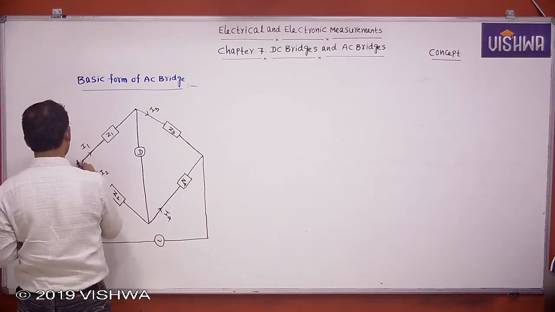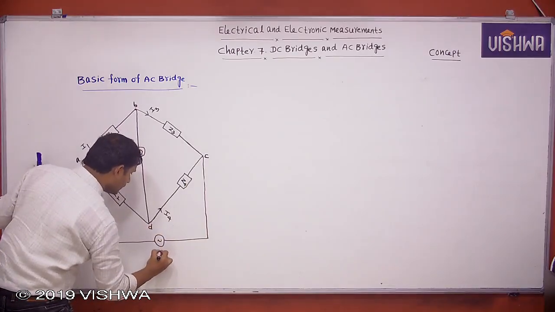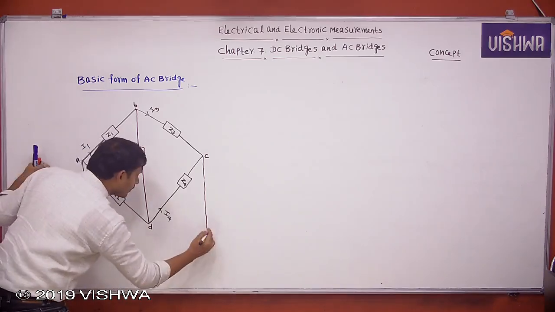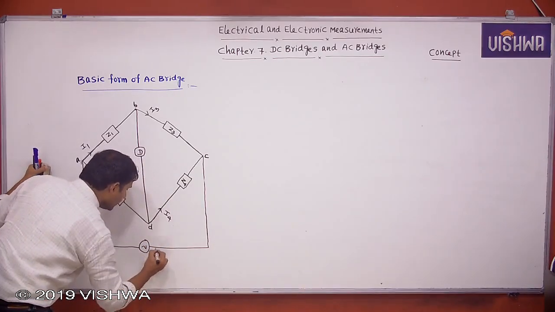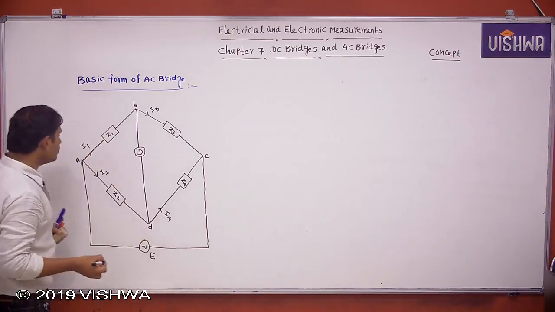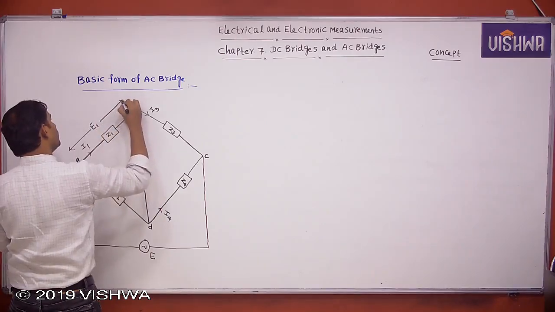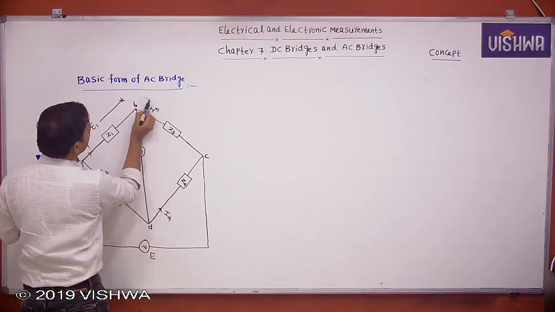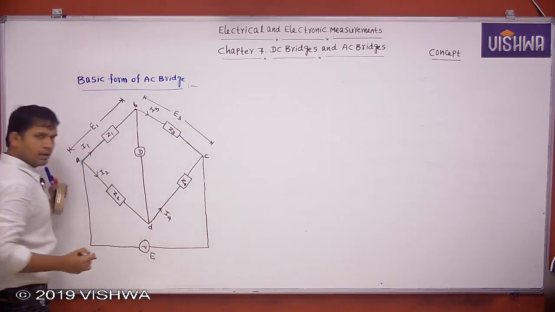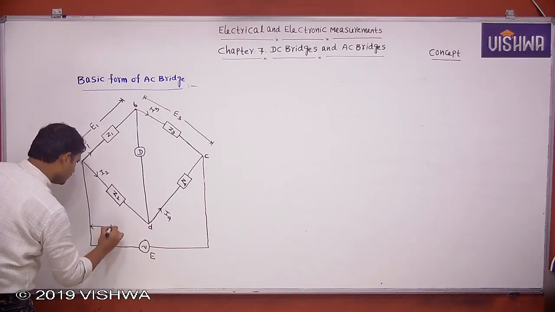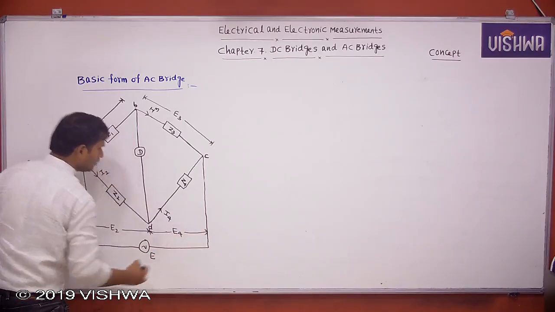Now these nodes are A, B, C, D. The source voltage is E. Let this voltage be E1, this voltage E3, and this voltage E2, and this voltage E4.